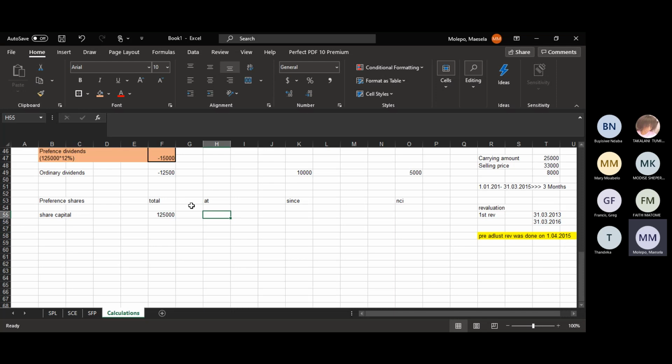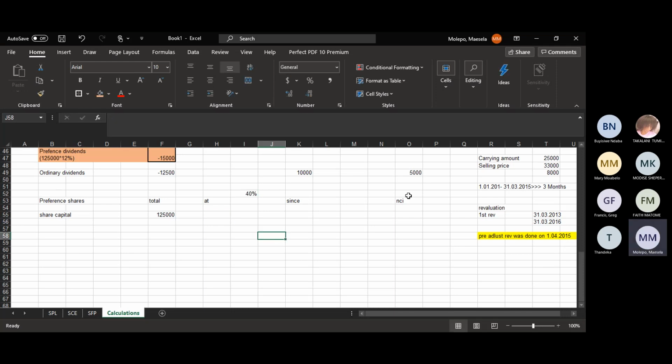We've got ordinary shares, 187,500 for SIA and 125,000 for Khatebe. And on the preference, we've got 12% cumulative preference shares of 125,000 for Khatebe. So it will be 50,000 divided by 125 for the preference. It tells me he only acquired 40%. So in this case, it's 40%.